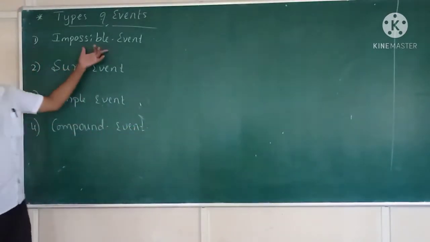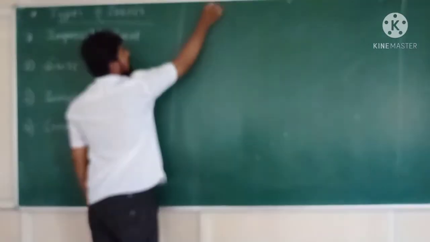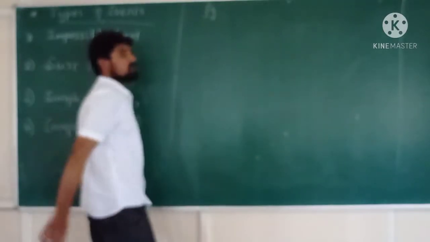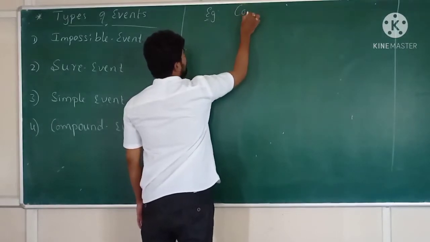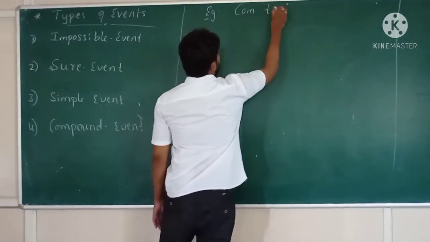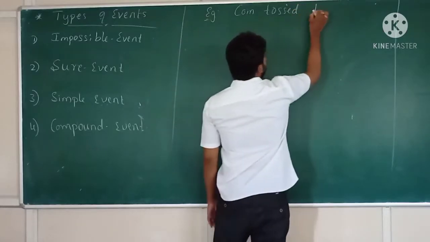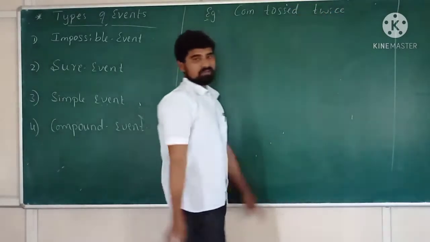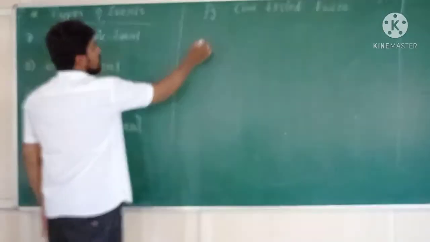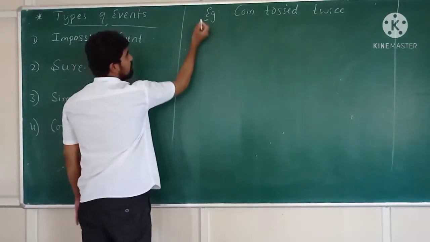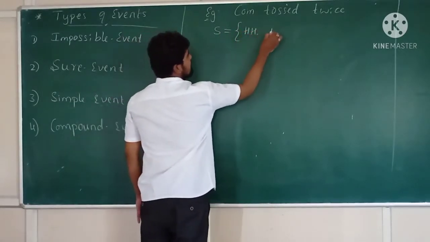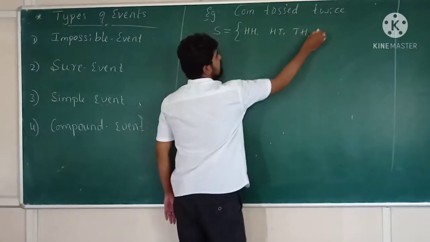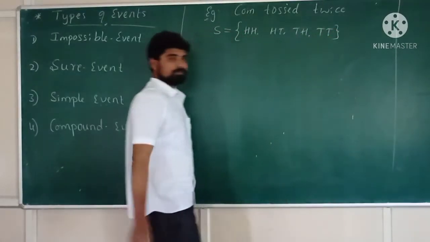So what is meant by impossible event? Let us consider an example. A coin is tossed twice. The sample space consists of HH, HT, TH and TT.